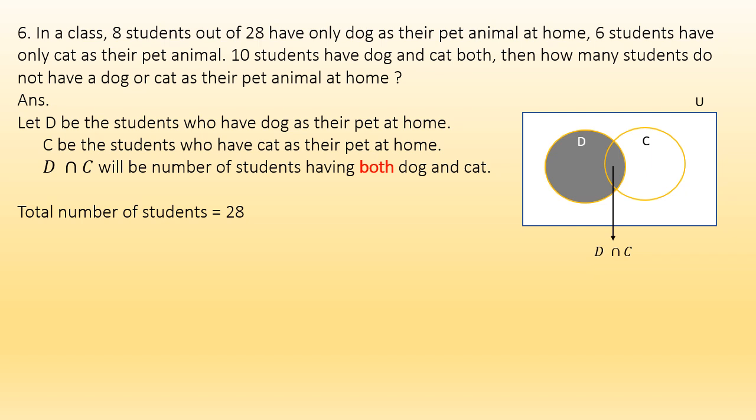Now let's go ahead and find n of D. n of D will be the sum of students having only dog and the intersection part.